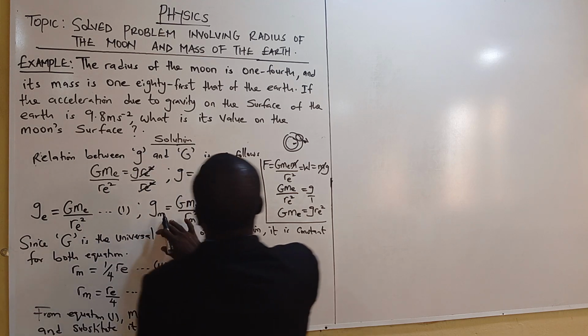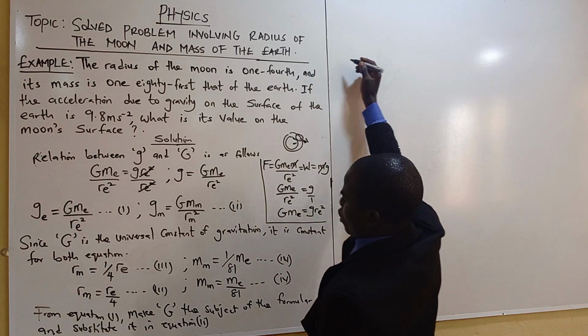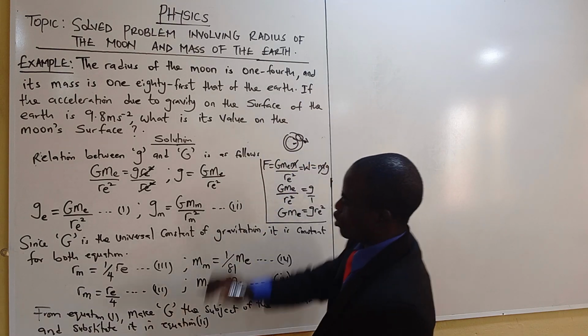Because we are concerned with the acceleration due to gravity on the moon, we now go back to equation 1, which is this.